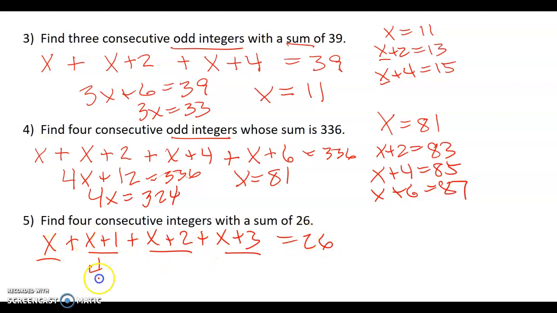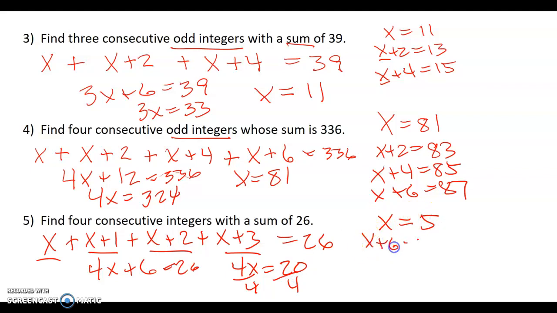So we have 4 x's plus 6 equals 26. 4x is equal to 20. So x is equal to 5. x plus 1 is equal to 6. x plus 2 is equal to 7. x plus 3 is equal to 8.